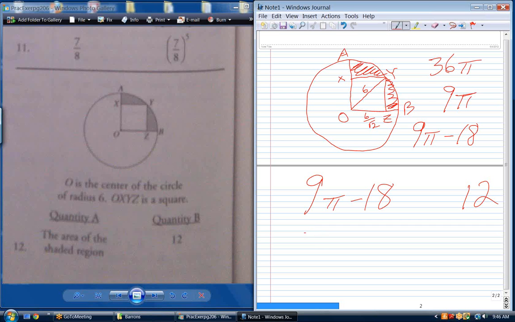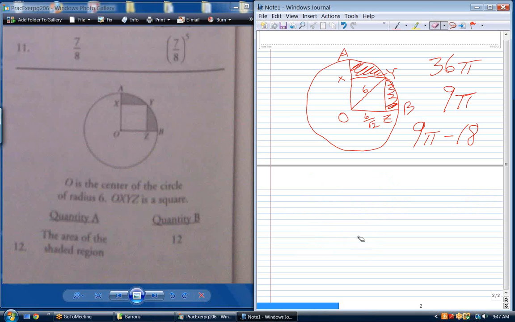Because you know this is going to be at most 28. 3 times 9 is 27, and 0.14 times 9 is not going to get it to 31, which is where it would need to be to get it bigger than 12. So that's another shortcut; you don't actually have to do this math once you get it to that state.